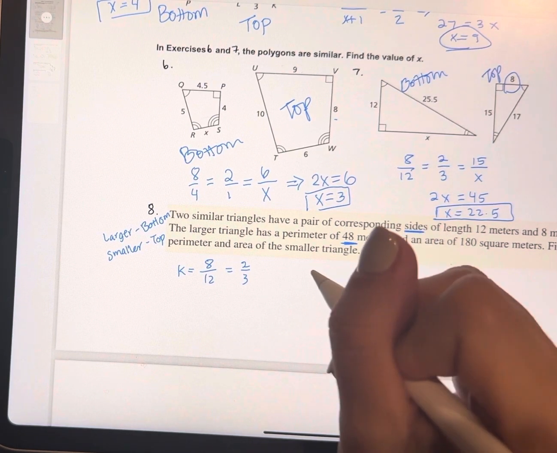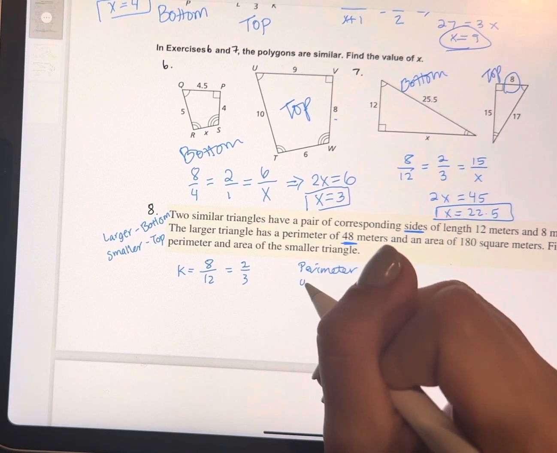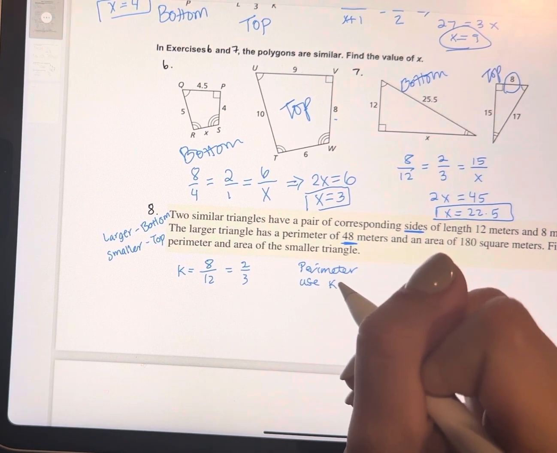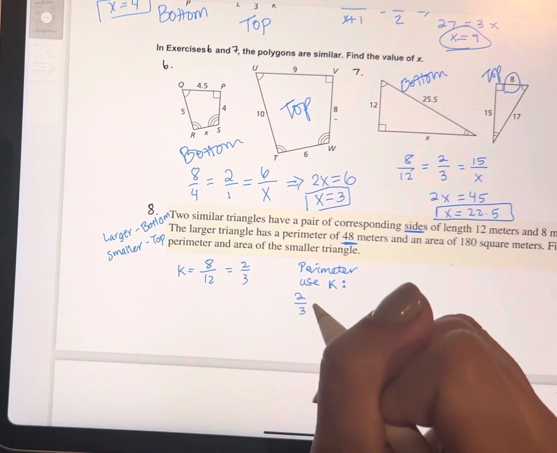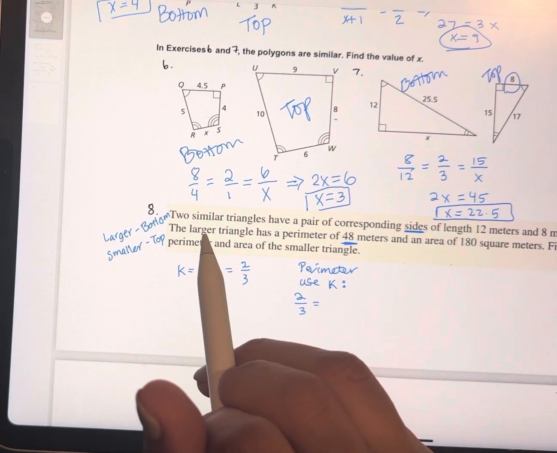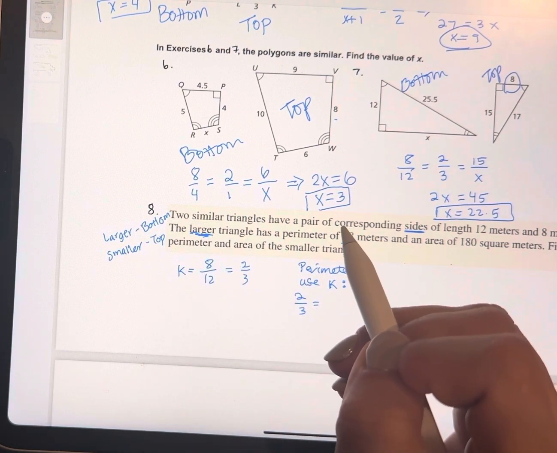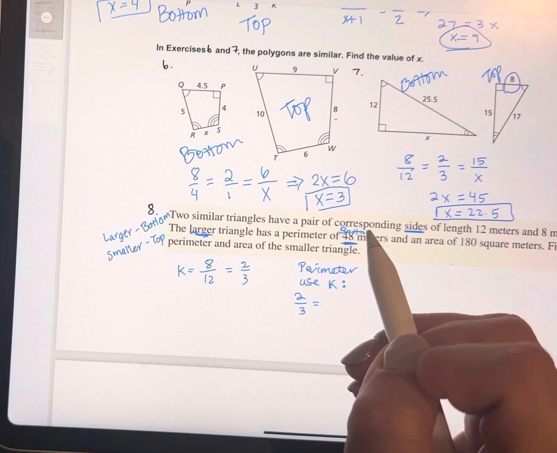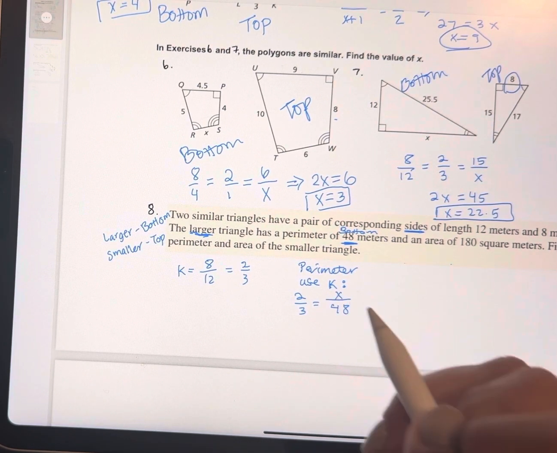Okay, so for perimeter, we use k. So we're going to say 2 over 3 equals, and then larger is bottom, so 48 goes on the bottom, and we can solve.